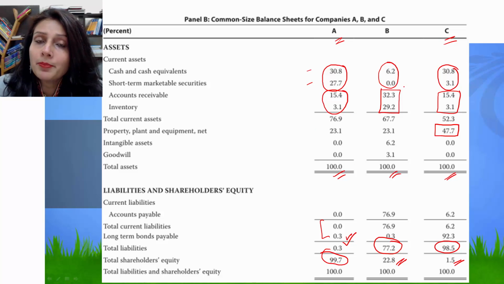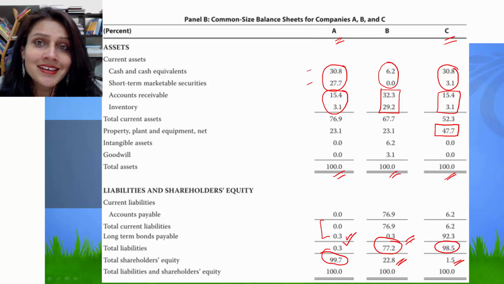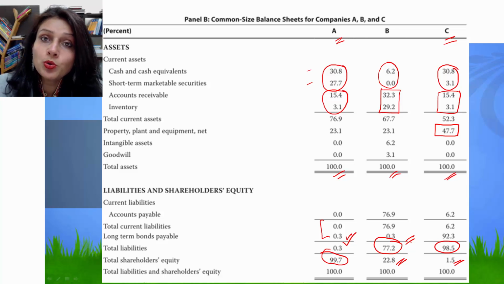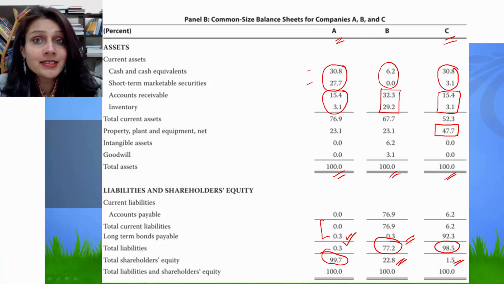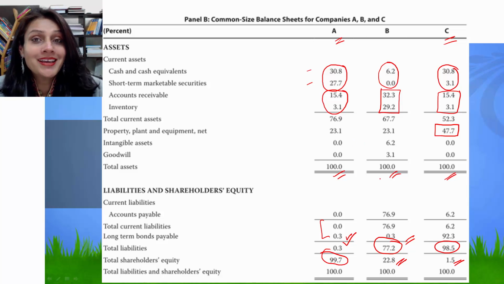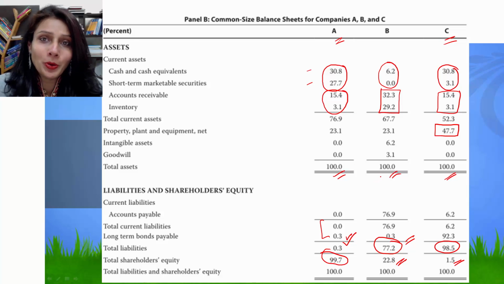However, when we look at company B, we can see that only 6% of it is in liquid state, whereas 77% of debt is on the company. It is possible that this company may not be able to repay its debt when the time comes. It may also face difficulties in servicing the debt, that is, in terms of paying interest to the bondholders.